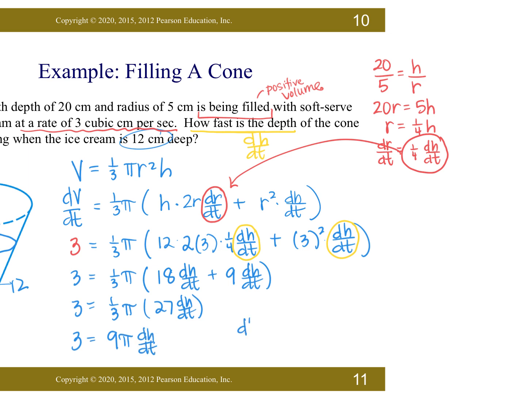So dh dt by itself is 3 over 9 pi, which is 1/3 pi, which is 0.106 approximately. And then we need our units. And so we need our unit for h, which is being measured in centimeters, and our unit for time, which is being measured in seconds.